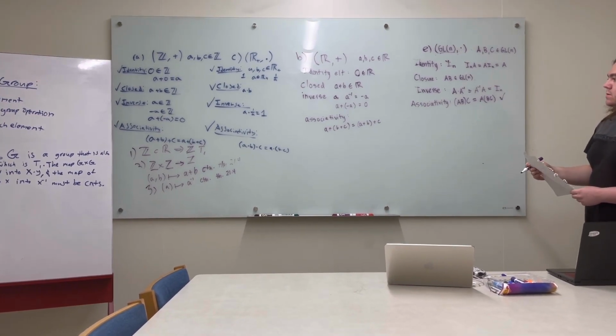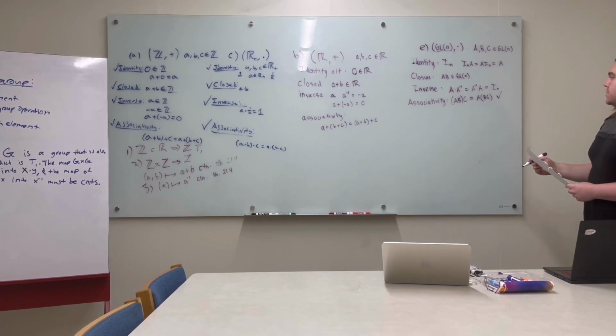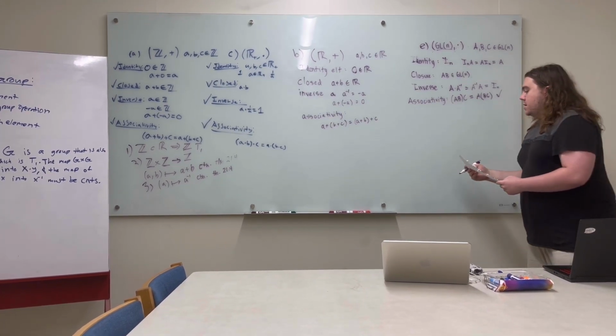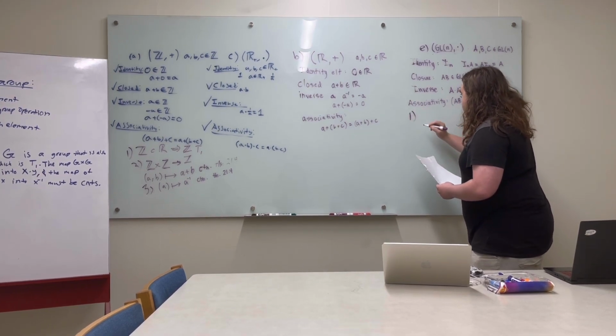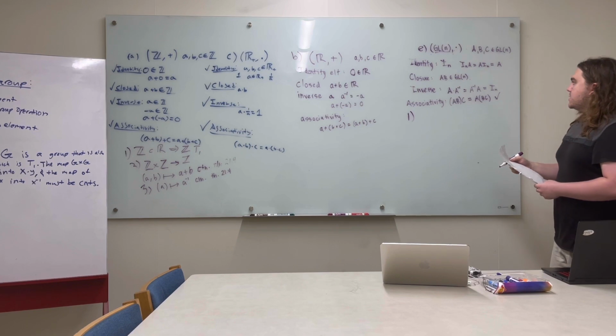Next, we've shown that it's a group, so now we want to show that it is a topological group. So condition 1, we need to show that it's T1.